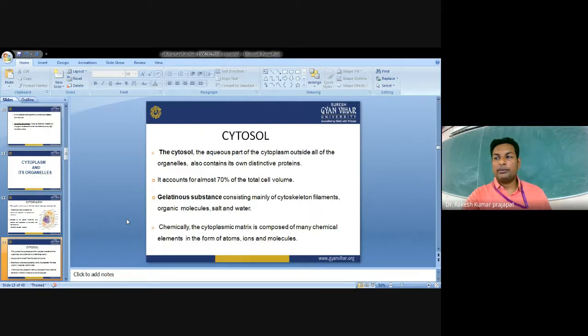This gelatinous substance contains mainly skeleton filaments, organic molecules, salt, and water. Chemically, the cytoplasmic material is composed of many chemical elements, ions, and molecules.